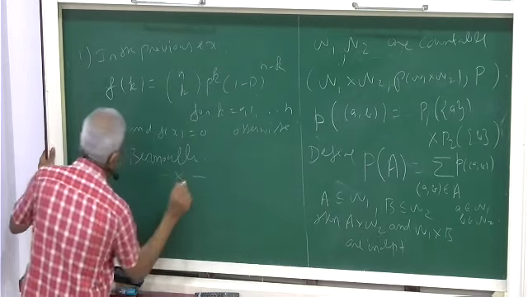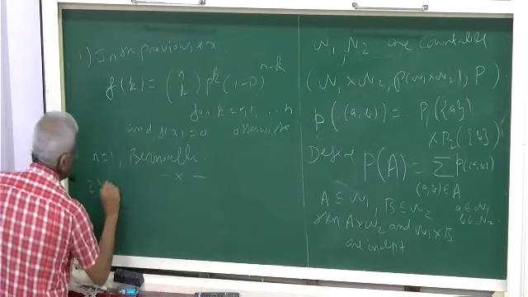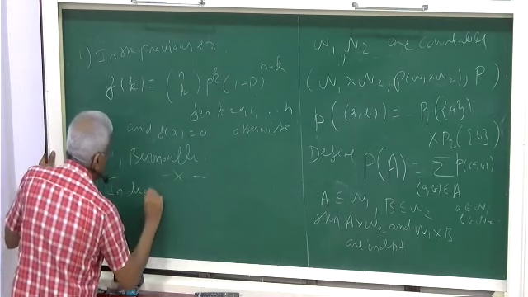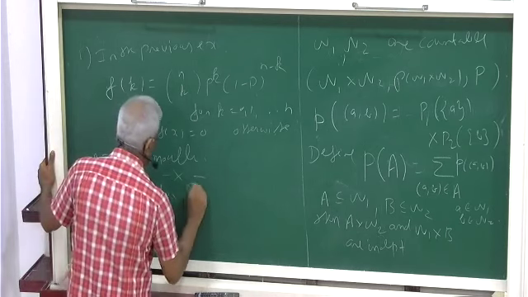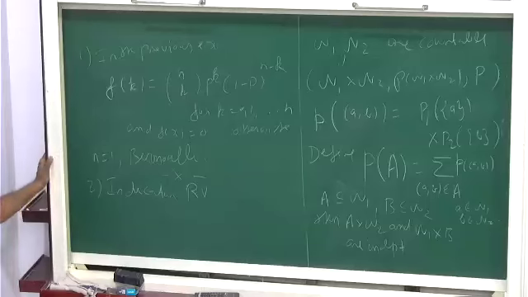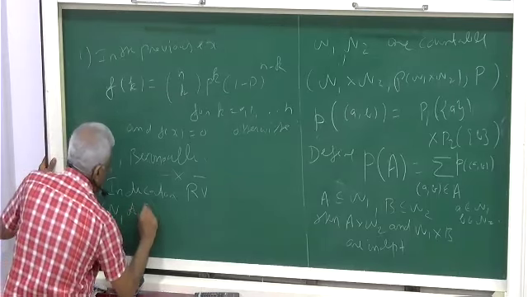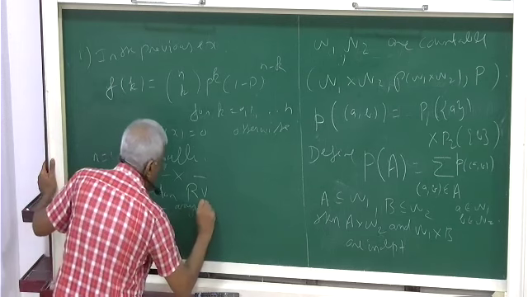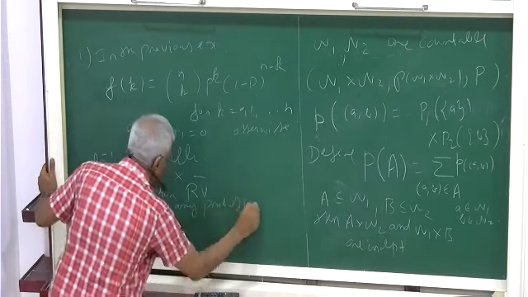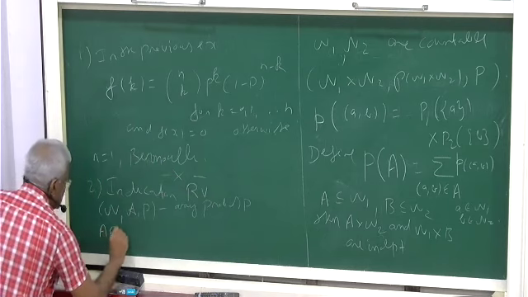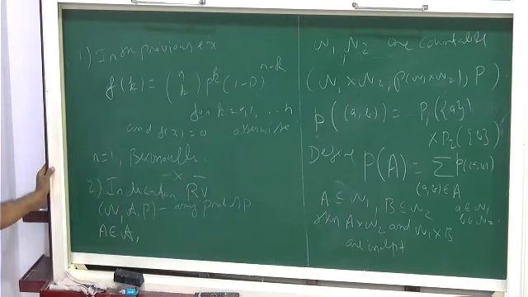For example, there is one random variable called the indicator random variable, the simplest random variable. You take any probability space, continuous or discrete or anything, and A is any set in script A.